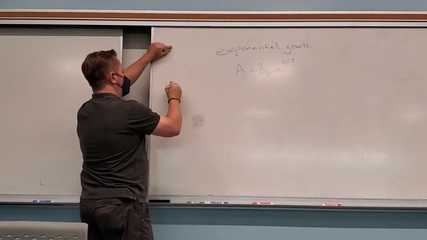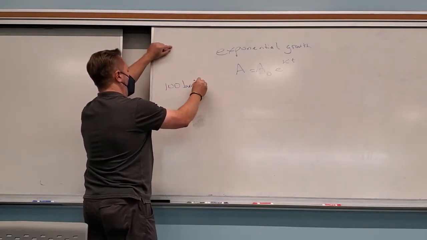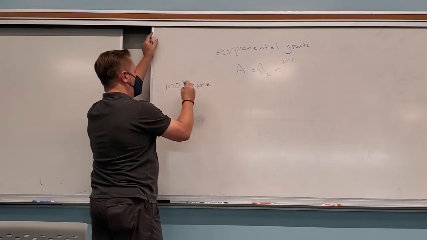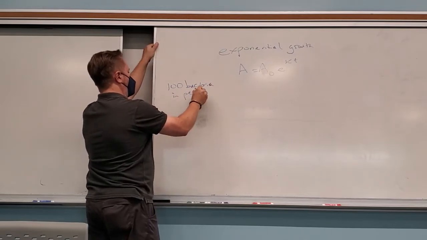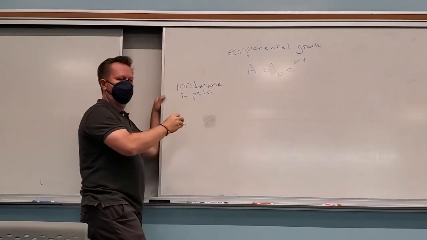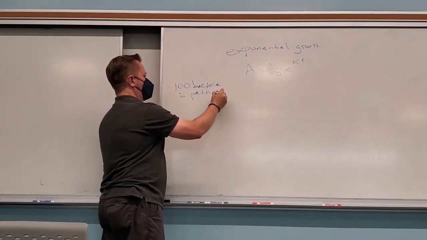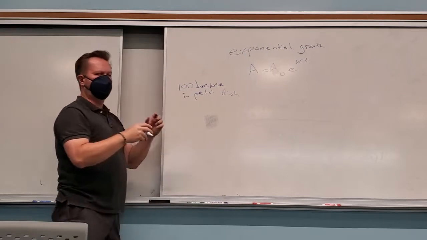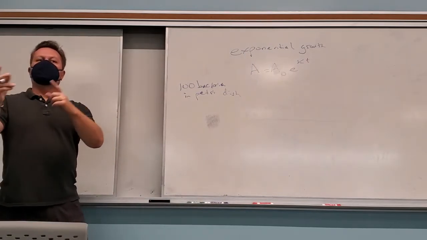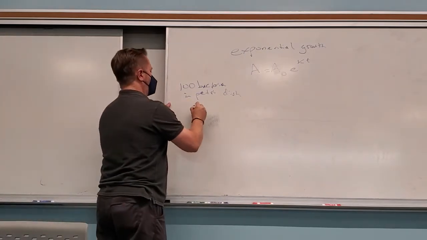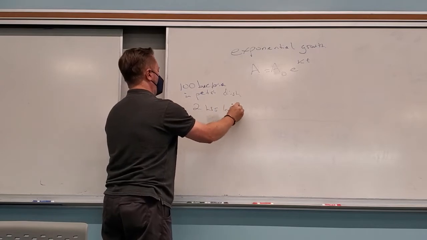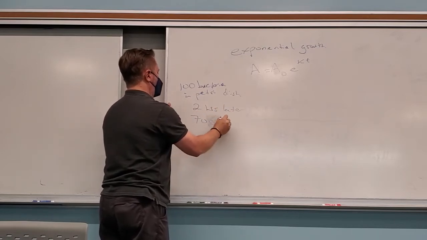You put 100 bacteria in a petri dish, and then you walk away for 2 hours. 2 hours later, there's 700 bacteria.